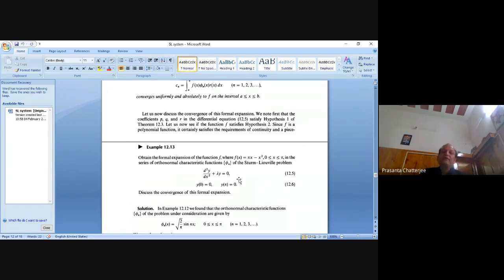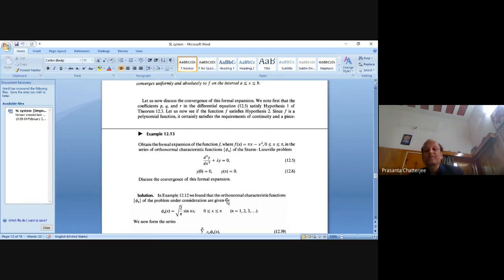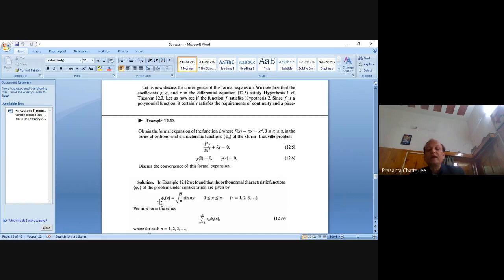To make it orthonormal, we find the value of the integral of phi n square. If it is alpha square, then we divide by alpha and we get the orthonormal function. Since the integral from 0 to pi of sin square nx dx equals pi by 2, dividing by root pi by 2, we get the function root 2 by pi sin nx. This is an orthonormal function.